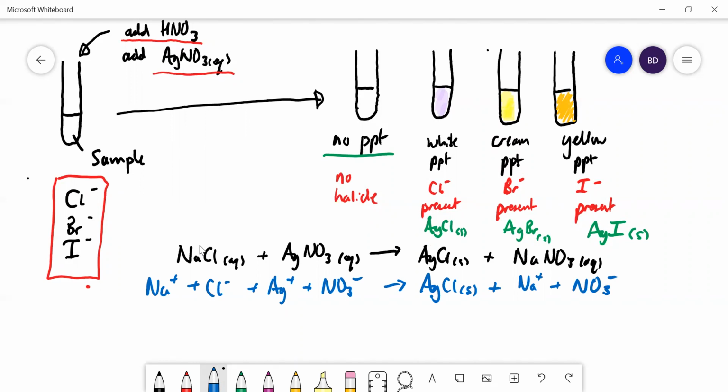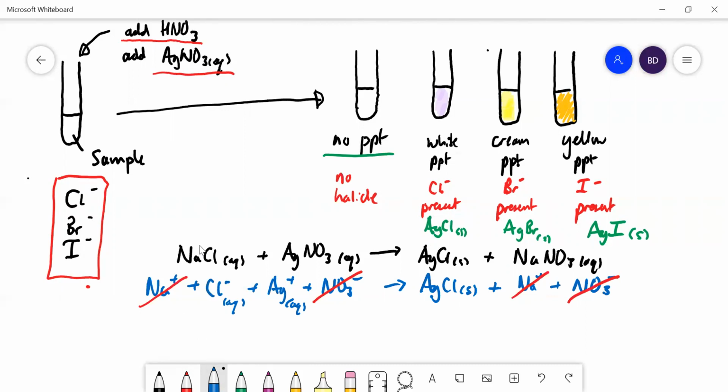So you can see the spectator ions are sodium and the nitrate. They don't actually do anything, and that is the reaction that is occurring. Whenever you get aqueous chloride ions floating around with aqueous silver ions, they'll start to form an ionic lattice, form a solid that will sink to the bottom, and it will look cloudy.